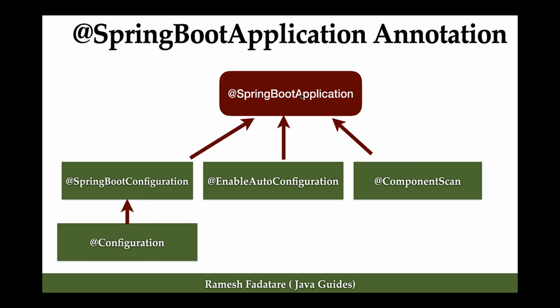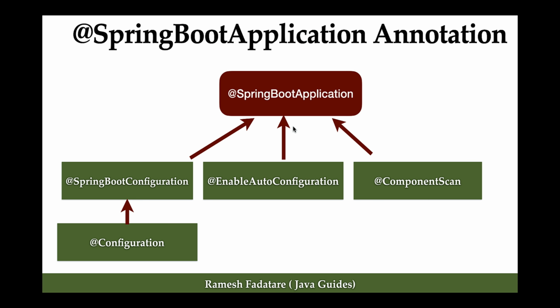It enables Spring Boot's auto configuration mechanism, enables component scan on the package where the application is located, and also enables the configuration where we can define extra Spring beans or import extra configuration classes.